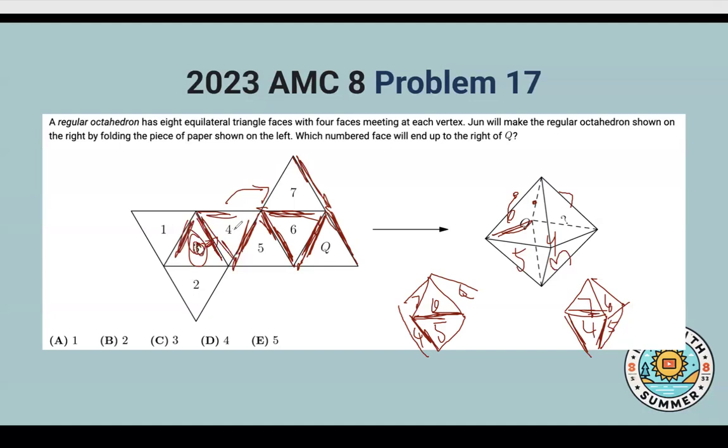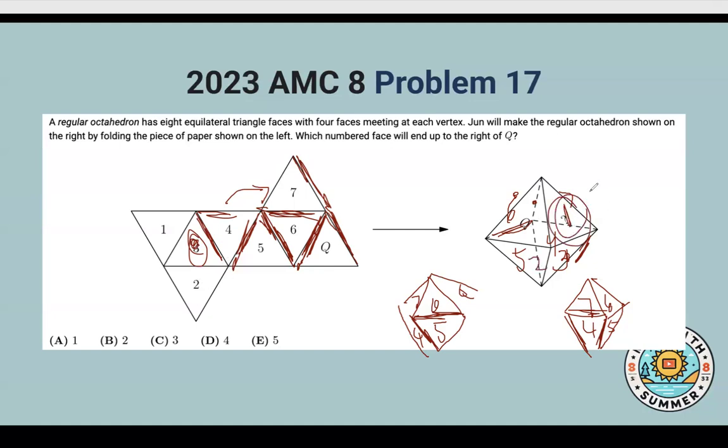To the top of three, we have four, so it should be on this side. Three should be facing this way with the back of three facing four. Then the front of three is facing one and the back of three is facing two.